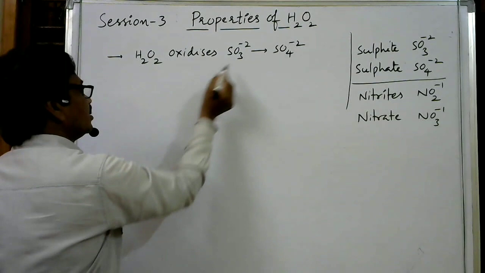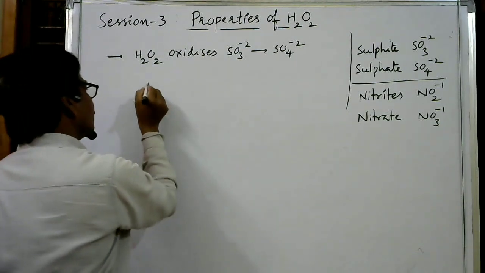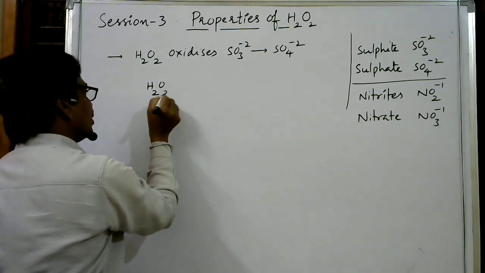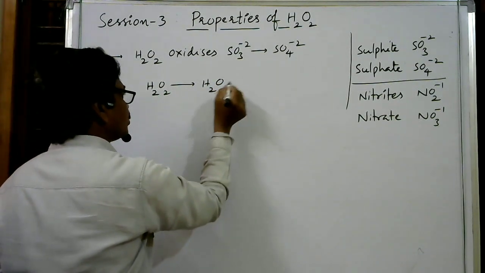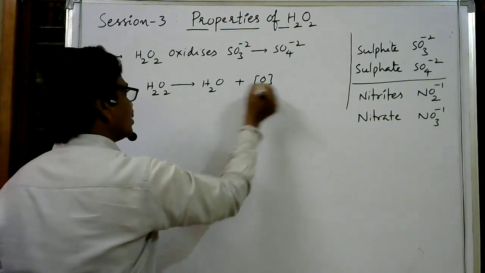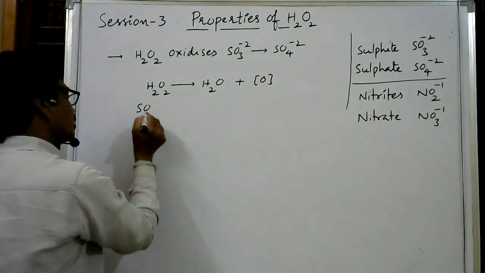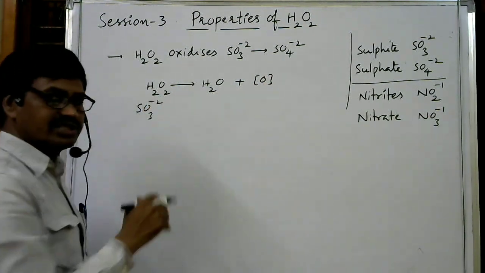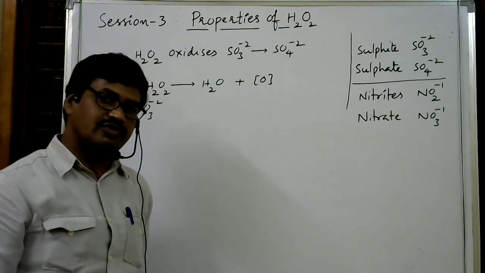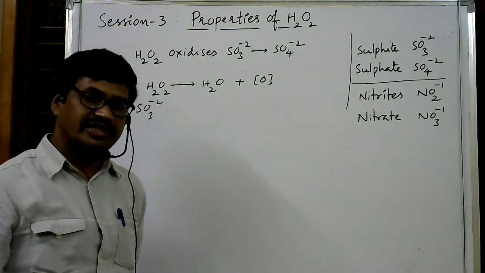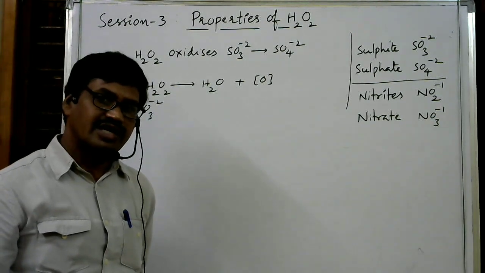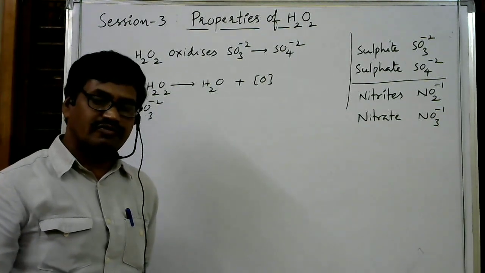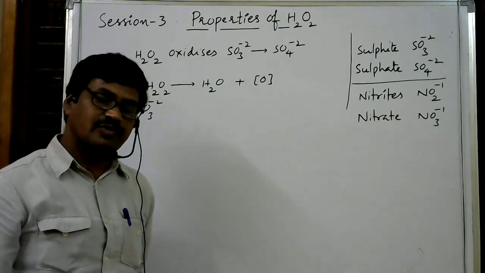So here, how many oxygens are different? Only one oxygen. So that oxygen is from hydrogen peroxide. H2O2 gives rise to H2O plus nascent oxygen. This is the common skeleton reaction. Then SO3 without any support. In previous reactions, we took support from sulfuric acid: acidified potassium ferrocyanide converted to potassium ferricyanide, acidified ferrous sulfate to ferric sulfate, acidified potassium iodide to iodine.